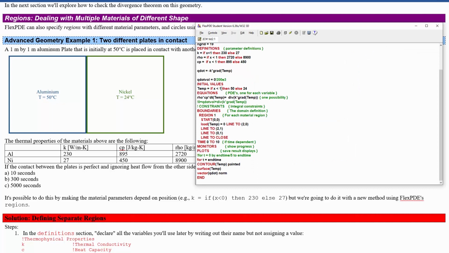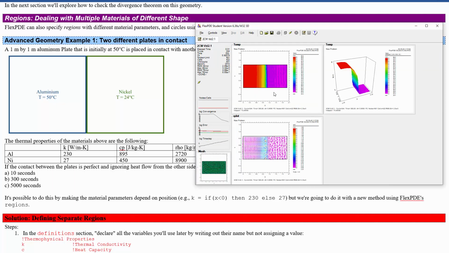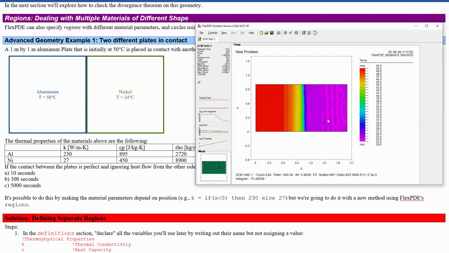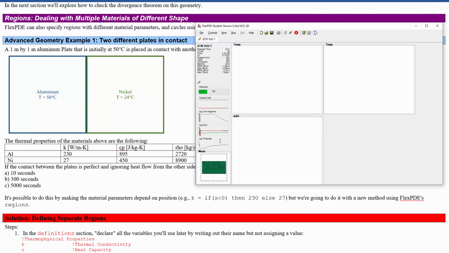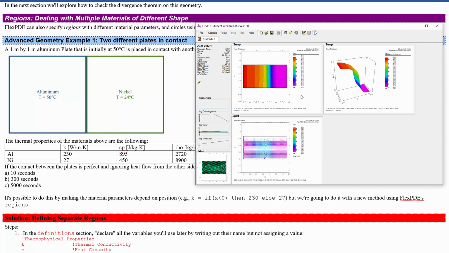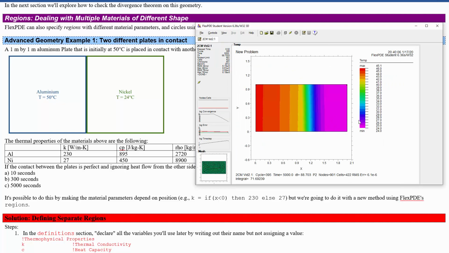If we go to a time of 300, more temperature equalizing in the aluminum, the nickel not spreading the temperature change that much into it. And if we go to a time of 5,000, getting a lot different here. You see the temperature starting to rise on the right hand side even, and temperature dropping all the way through the aluminum.